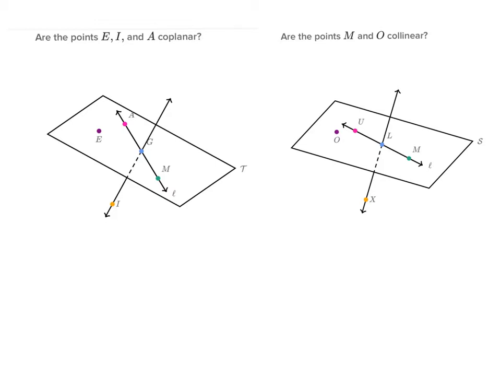The reason that these are trick questions is because it takes 3 points to make a plane. So if you look at E, I, and A, we can't see the plane that it is on, but those actually do make a plane themselves. I can connect those to show you a triangle, but think about if that triangle was its own piece of paper, right? That's its own flat surface.